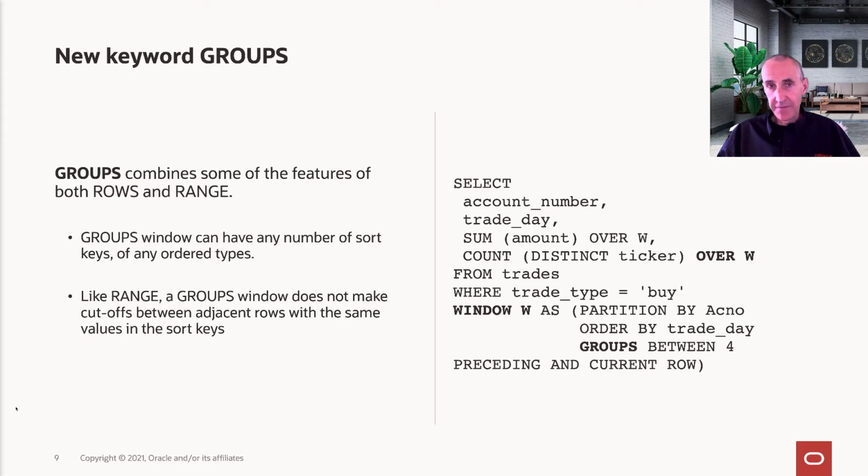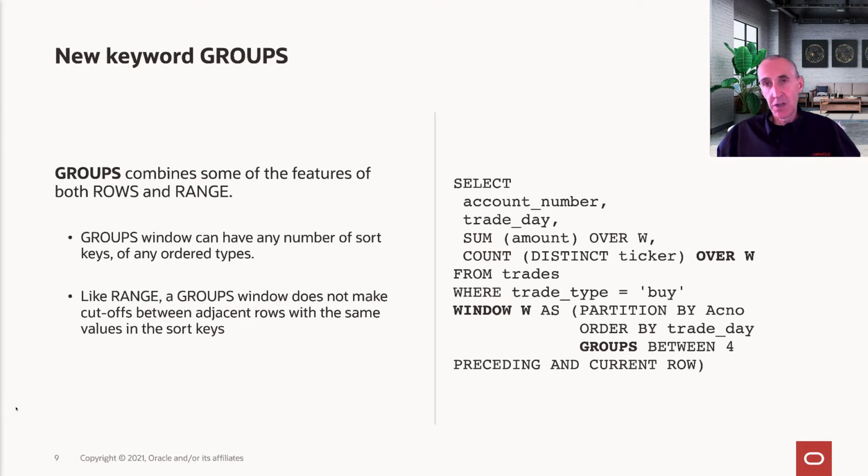Well, W is defined towards the bottom of my SQL statement, and I just lay out what that window clause is. My partition by, my order by, and in this case I'm going to use a groups function. If I need to make changes to my window clause, let's say I want groups between 5 preceding and the current row, I only have to change it in one place now.